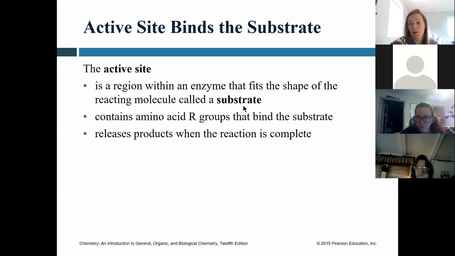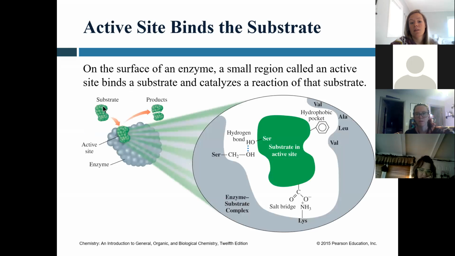We would have an enzyme that helps to break down that glucose into what we need. It contains amino acid R groups that bind to the substrate, and releases the product when the reaction is complete. So this activation site will take the substrate, it'll hold on to it, it'll do its thing, and then it releases the product and we will get products.